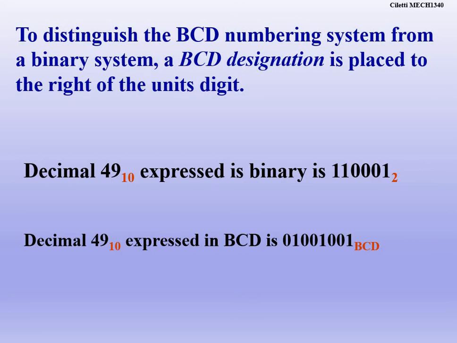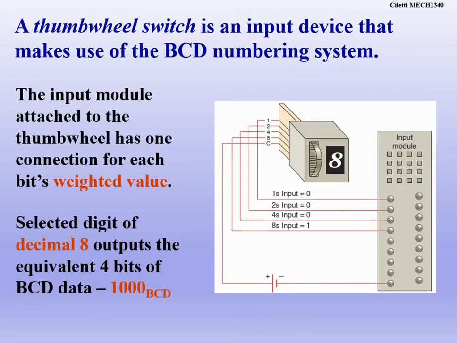If we do a decimal 49 expressed in binary coded decimal, we would rewrite 9 in binary, that's 1001, and we would rewrite 4 in binary, and that's 0100, and then we would put those together. So you can see the difference between 49 decimal as a binary number or 49 decimal as a binary coded decimal. That's really the difference between the two.